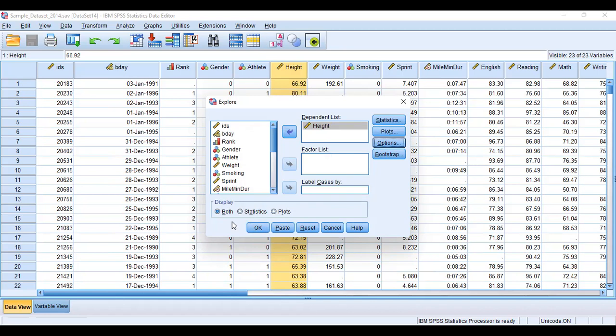Somebody is saying something. So what should we do? We should add the independent list. Okay. Do we agree? They say we should add the factor list.